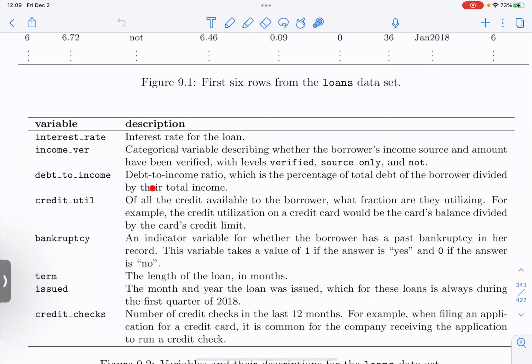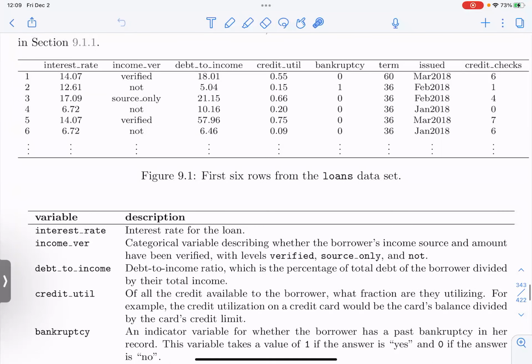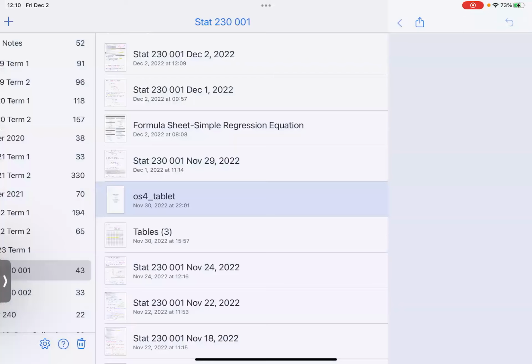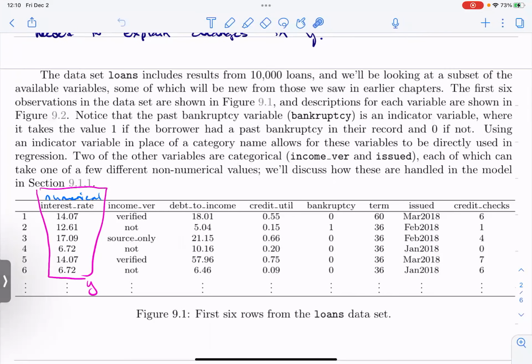Then we have the debt to income ratio. If we look at the debt to income ratio, it looks numerical. So this one is categorical, and then we have some numerical variables, taking us way back to the beginning of the course, where we had a data set like this and had to figure out which one's which.